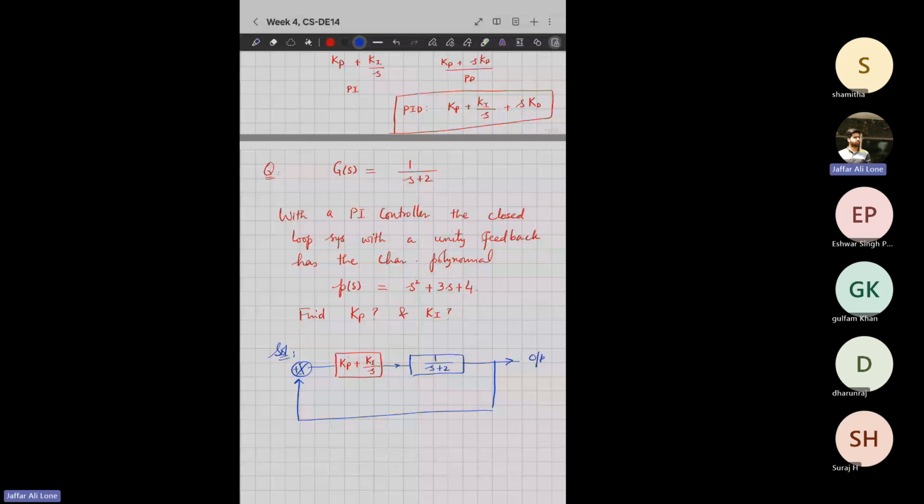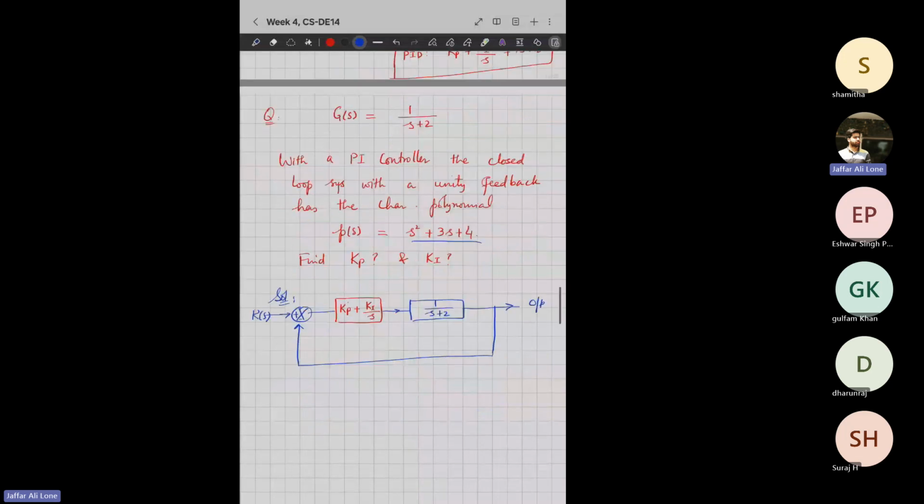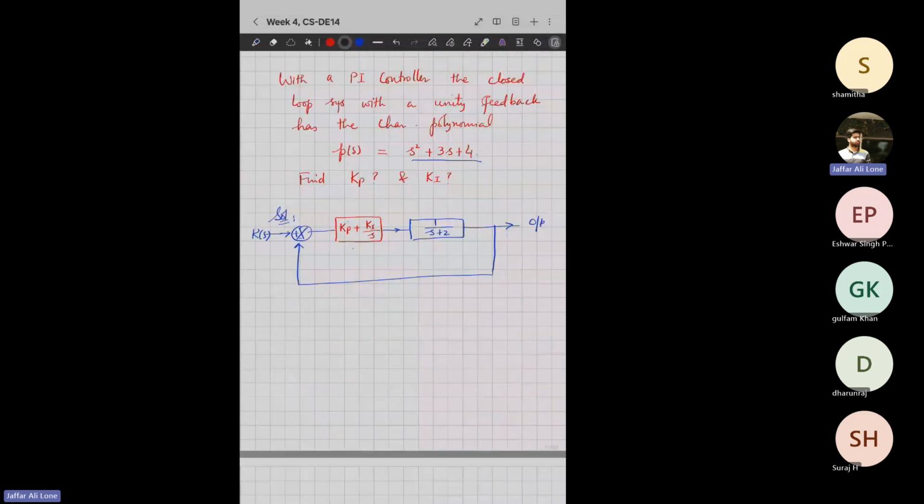Perfect. So then what happens? The closed loop system has a characteristic polynomial of this form. Now let's try to solve this. Find the closed loop transfer function. Let's name the controller Gc, and let's name the plant G(s). I told you when the blocks are in cascade, their transfer functions get multiplied. We have learned this.